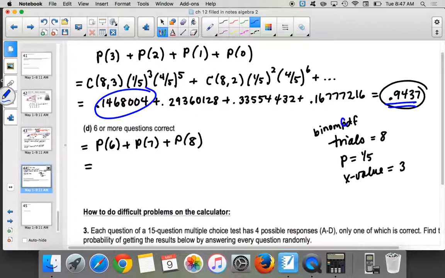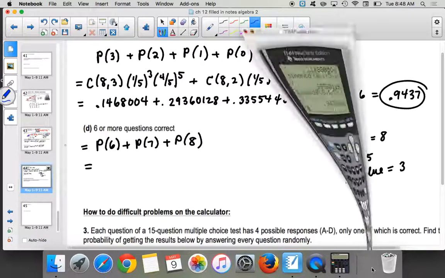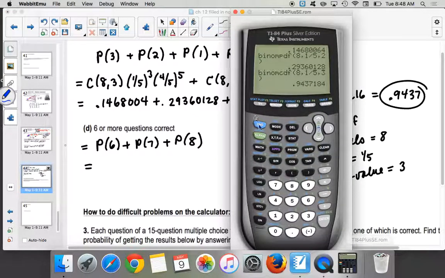Caitlin, do you have a question? How do you put the X value in for cumulative? What does your cumulative tell you? Did you do Binomial CDF? Mine is different, so tell me what yours says on the screen. So do distribution, go down to Binomial CDF, and tell me what yours says.